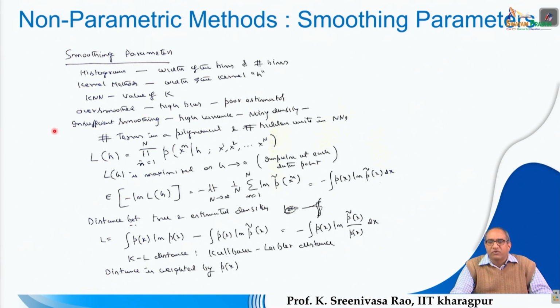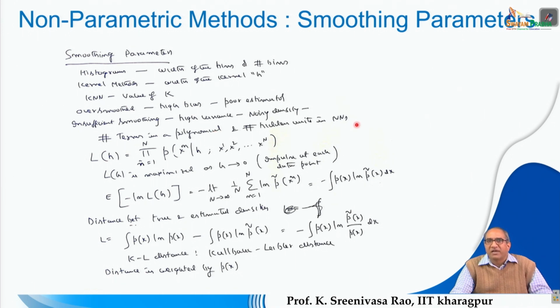Similarly, if you don't provide proper smoothing, and take the other extreme, where the hypercube volume is very small or the number of data points k is very small, then with insufficient smoothing you will see a larger variance, and the estimated density will be noisy, right. So similar to the polynomial fit we discussed, where the number of terms or the degree of the polynomial should be neither too large nor too small.